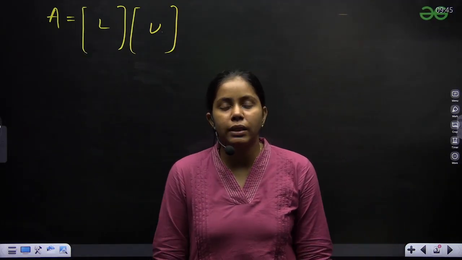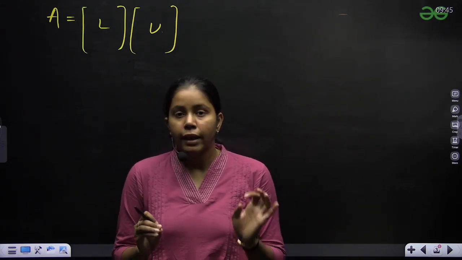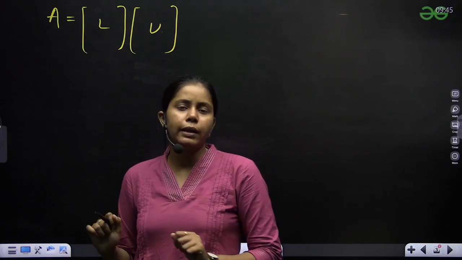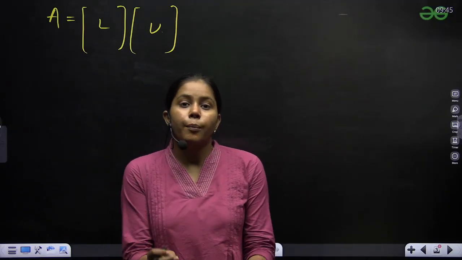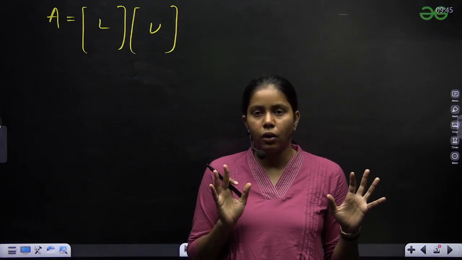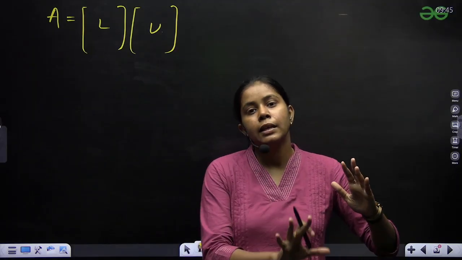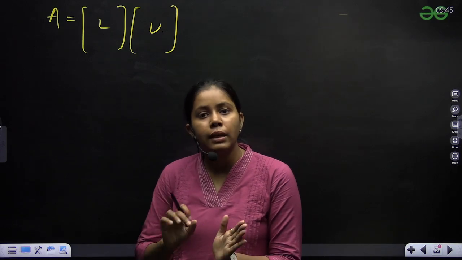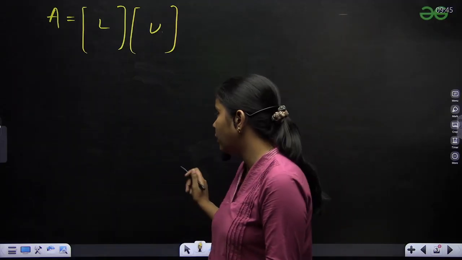So if somebody asks me whether any matrix A has a unique LU decomposition, I'll say no. If I take the diagonal entries of L as 1, I'll get one LU decomposition, and if I take the diagonal entries of U as 1, I'll get a different one. If I fix the diagonal entries of L as 1 with non-unitary diagonal entries of U, then the LU decomposition is unique. If I fix the diagonal entries of U as 1, then the LU decomposition is also fixed. Otherwise, there can be multiple LU decompositions.